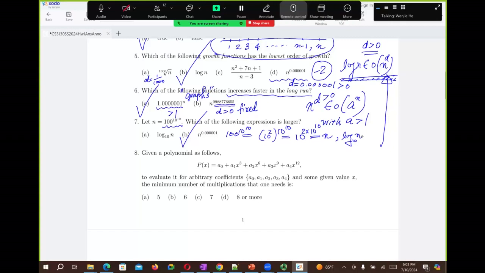Log base 10 of n, we only take the exponent part. So 2 times 10 to the 10th. That's the first number. We put it aside.